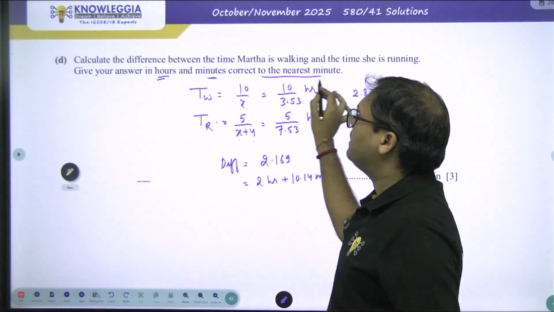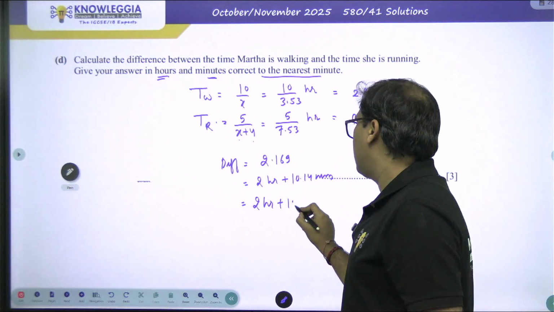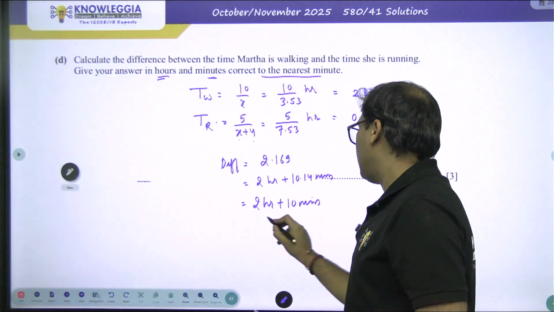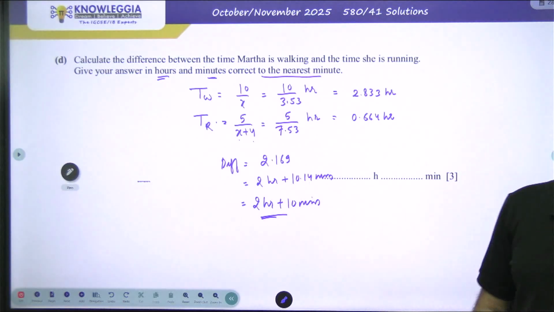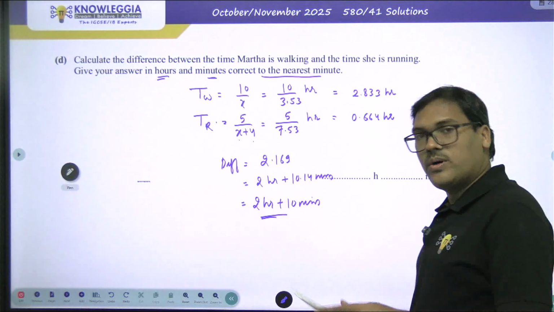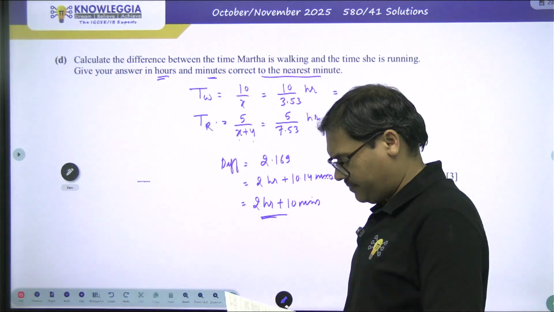But you have to write the answer to the nearest minute. So this is 2 hours plus 10 minutes. I hope this is clear. So 2 hours, 10 minutes is the answer for this question. Okay. So that's it.